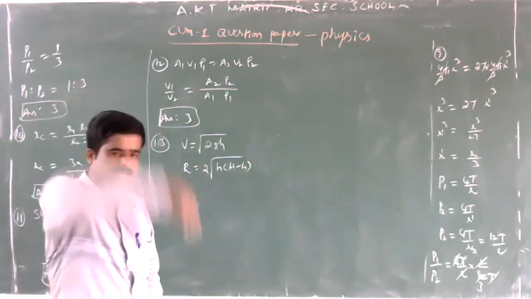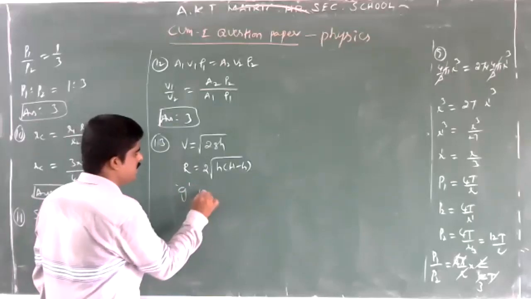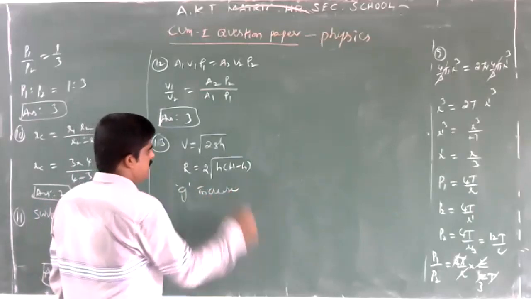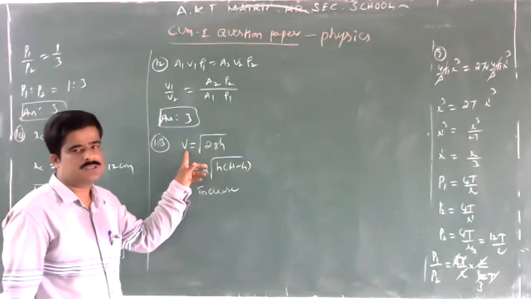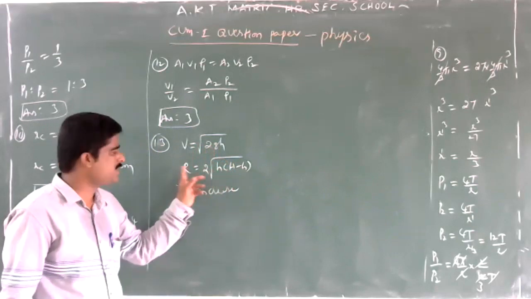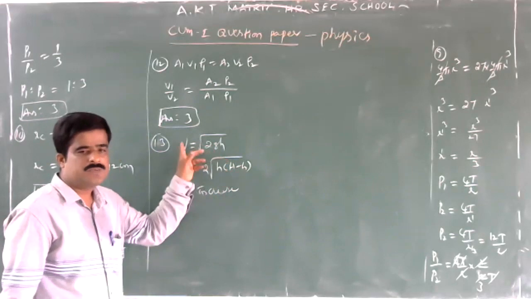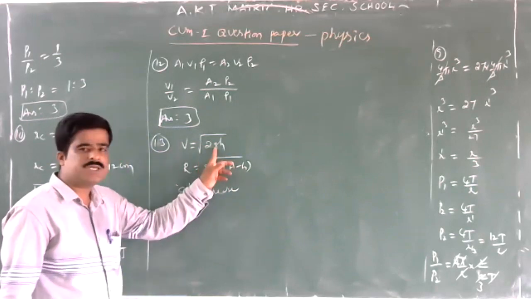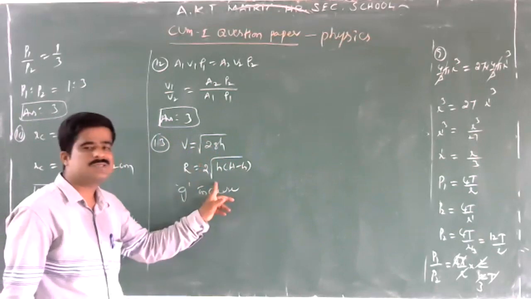The lift is accelerating upward, so what happens here? The g value increases, acceleration due to gravity increases. When acceleration due to gravity increases, speed increases. So speed of efflux increases, but range remains same. Why? Because range does not depend upon the g value. Only speed depends on g. If g changes, v changes. g increases, v increases. But R remains same, does not change.